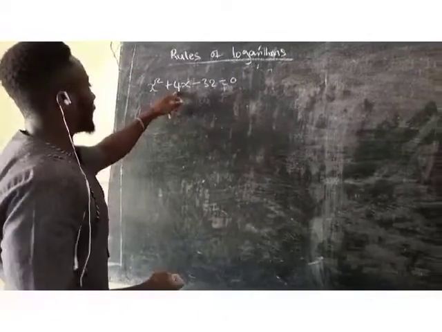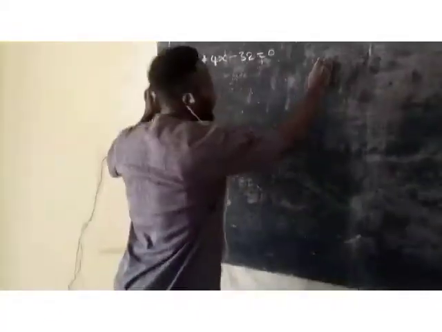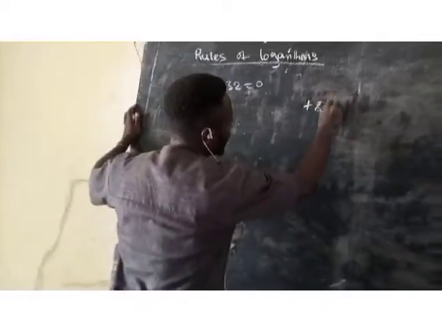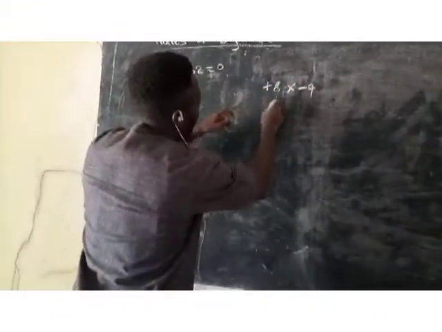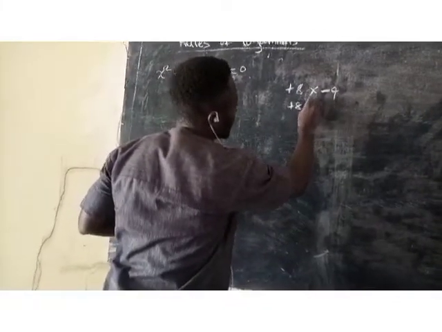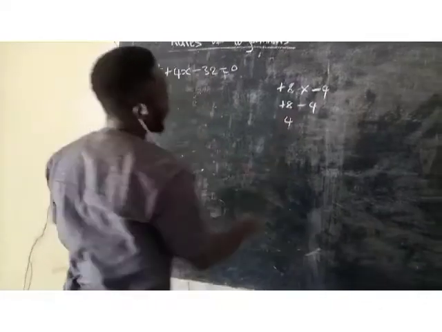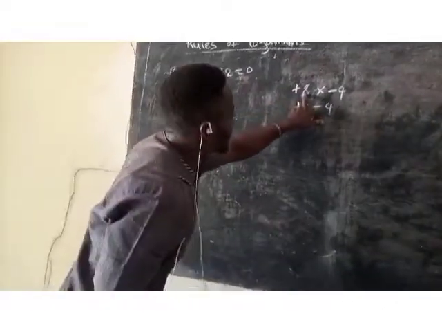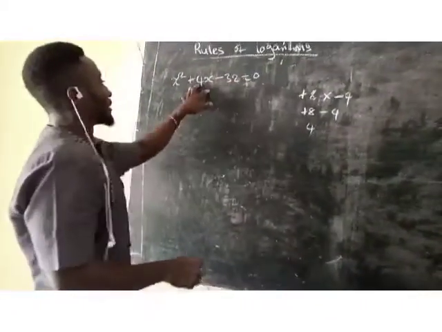As you can see, we have positive 8 times negative 4. When you multiply this, it will give this negative, and when you add positive 8 minus 4, it will give you 4. So we are going to use positive 8 and negative 4. When you multiply, it will give you 32, and when you add, it will give you this.